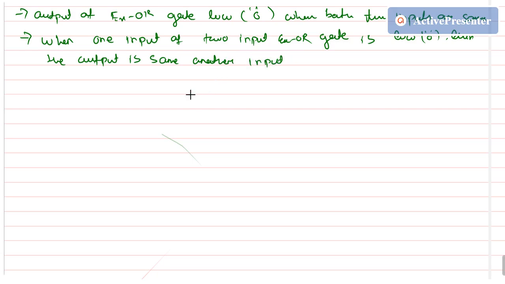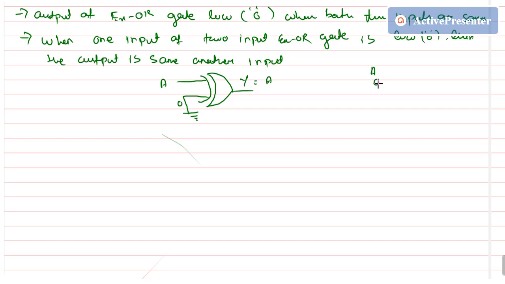Okay, what does the statement say? Let us understand it pictorially. So I have an XOR gate here. It is saying when one of the inputs is low. Suppose I connected the second input to ground, so ground means it will be 0, and here the input is A. So it is saying that when one of the inputs is 0, so we have made one of the inputs equal to 0, your output will be the same as the other input, y equals A. So how is it y equals A? What are the possibilities for A?